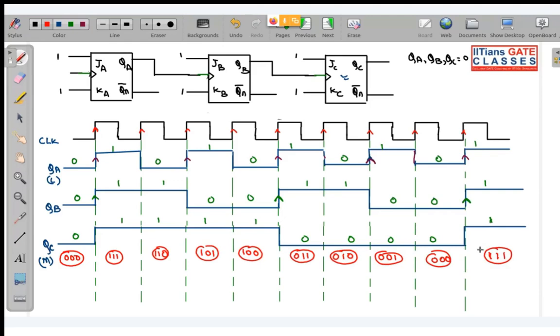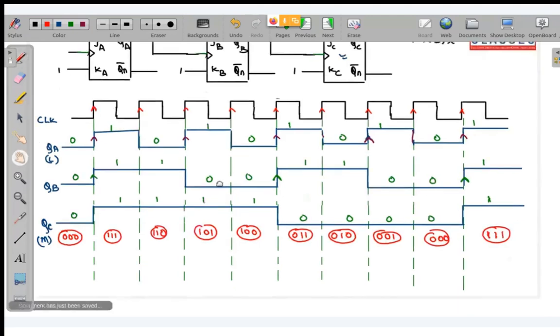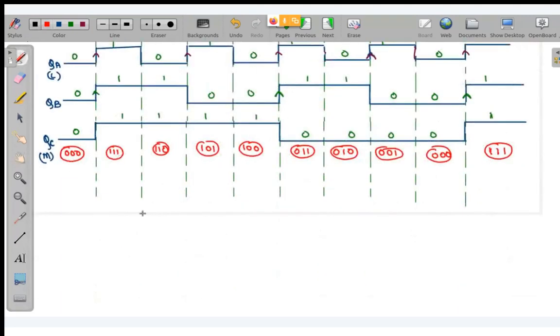So your counting sequence is going something like this. If you take your counting from QC, QB, QA, it will be from 0, 0, 0.